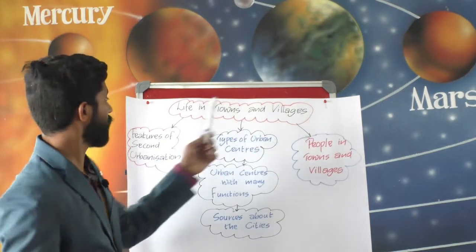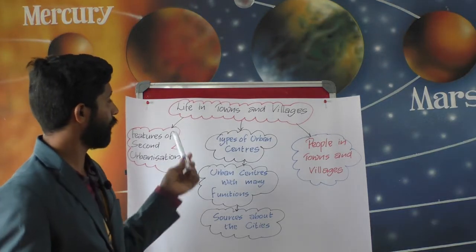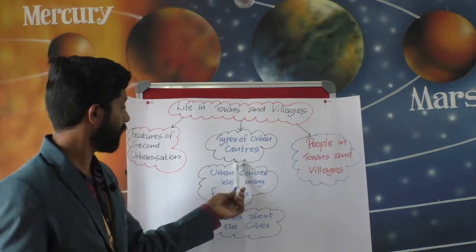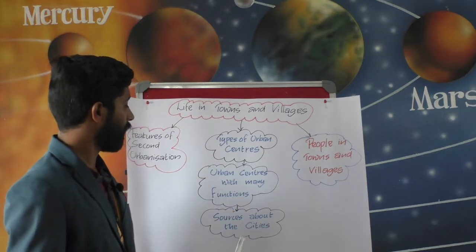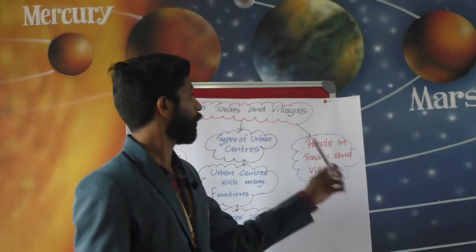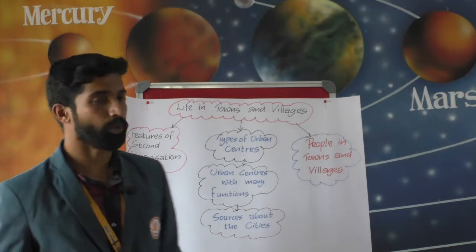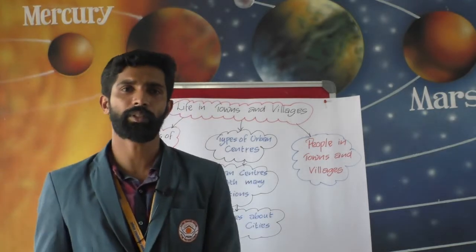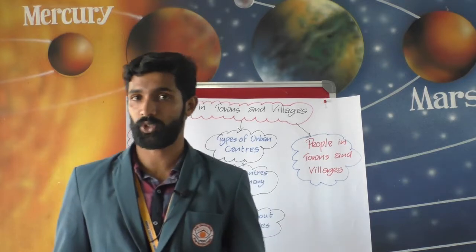Life in towns and villages: features of second urbanization, then we will move to types of urban centers with many functions, then we will learn about the sources about the cities and also about the life of the people in towns and villages. So, let us see the features of second urbanization.